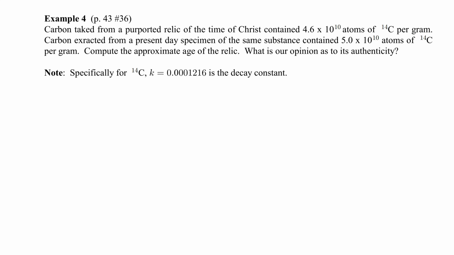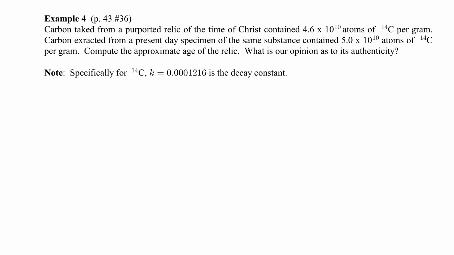Now, if you're interested in more information about how carbon dating works, it's summarized on page 37 to 38 in your textbook. Ultimately, organic living things take up carbon-14 as they breathe and live and move around. When something dies, it ceases to take up carbon-14. So when you have a living thing, the amount of carbon-14 in their body is going to reflect the amount of carbon-14 in the atmosphere and in the environment around them.